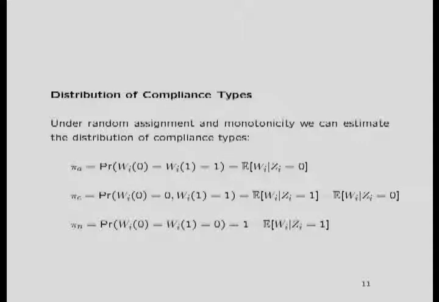If you look among the subsample that was not drafted, that had a high lottery number, and you look at the proportion that still serves in the military, they're all always takers, so you can estimate the proportion of always takers by the conditional frequency. You can do the same for never takers.